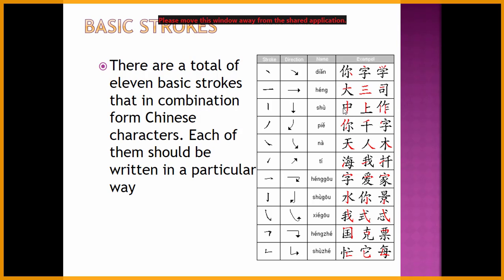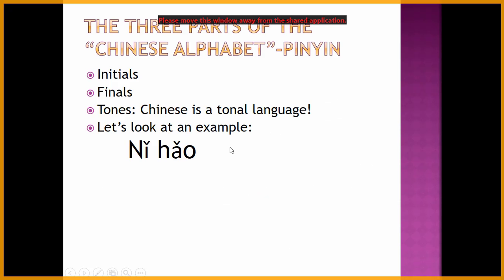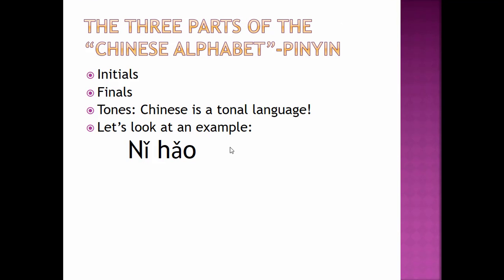So in the 1960s, the Chinese created a system called the pinyin system, because they wanted to learn other languages and they wanted other nations to learn their Chinese language. Getting my point?